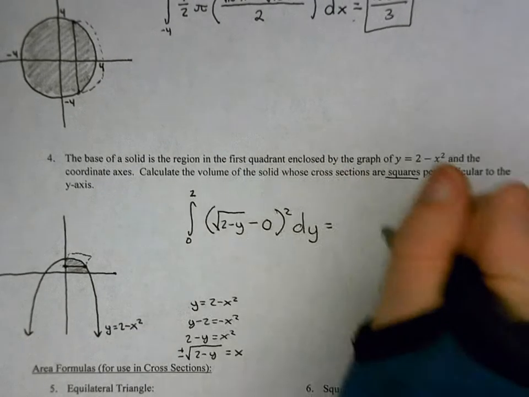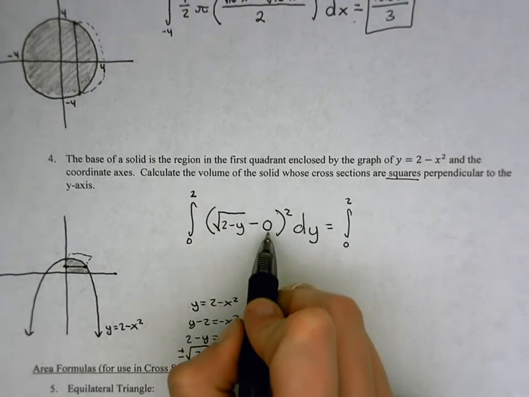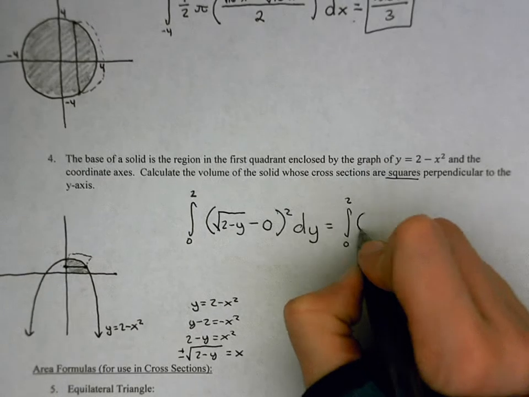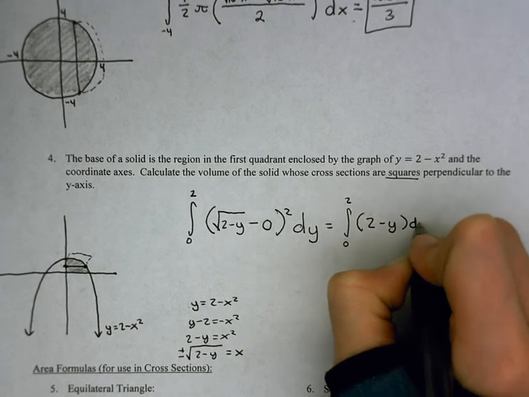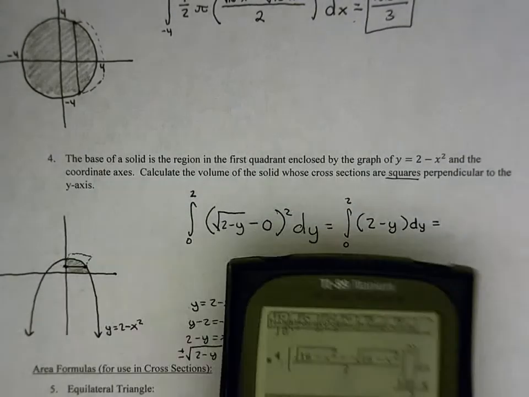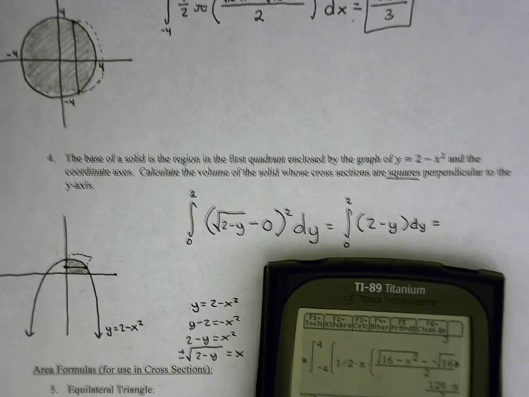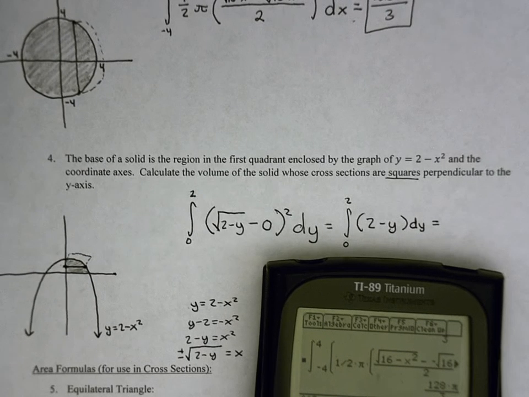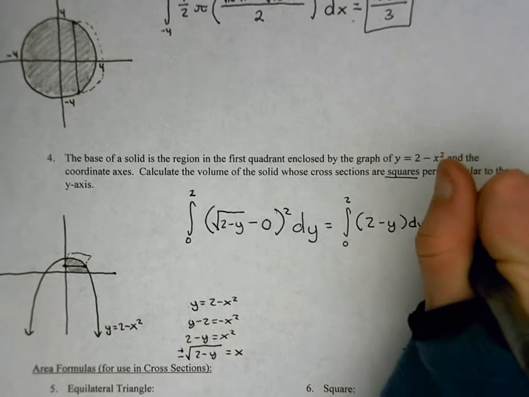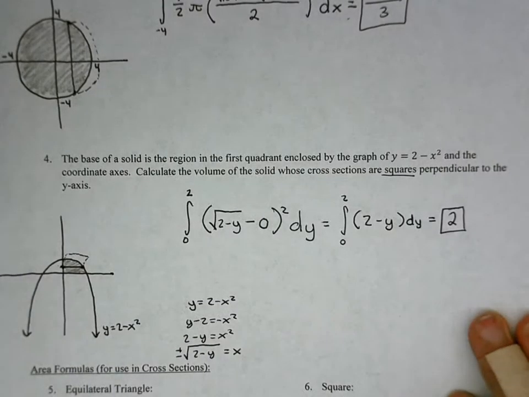I'm actually going to clean this up a little bit. 0 to 2 of square root 2 minus y minus 0 is just square root 2 minus y, which squared is 2 minus y. Okay. So we're going to go ahead and go to our home screen. Calculate that integral. We have 2 minus y dy from 0 to 2, which is 2. And there we go. Those are our cross sections.